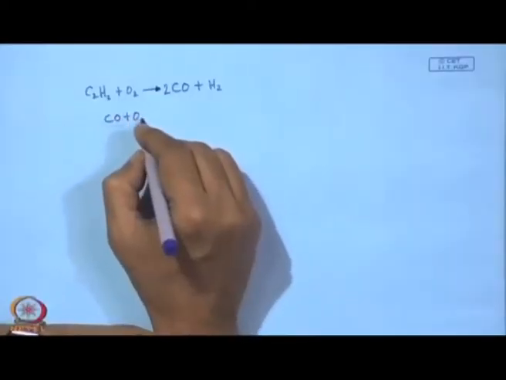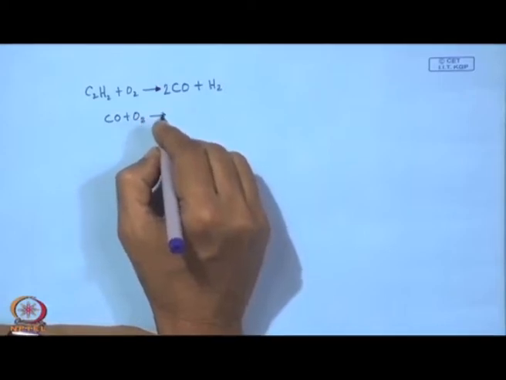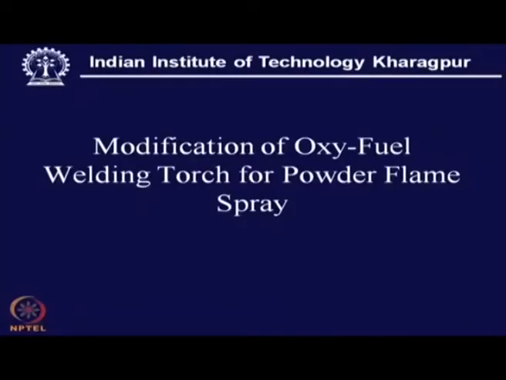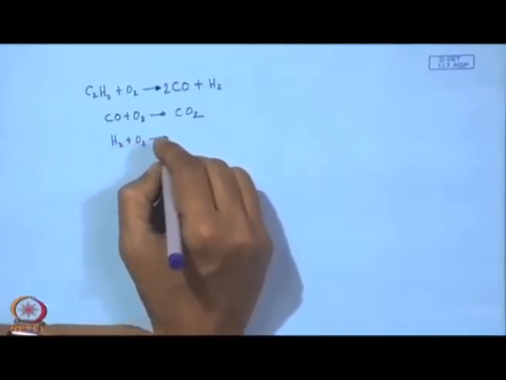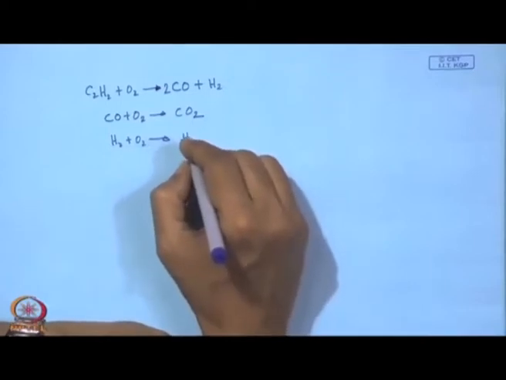So, this is the first stage of the reaction, and then we know that this also has an external source, that is oxygen, from which CO gets converted to CO2. Similarly, H2 plus O2, with proper balancing, gives us H2O.